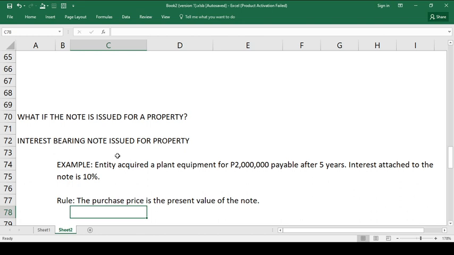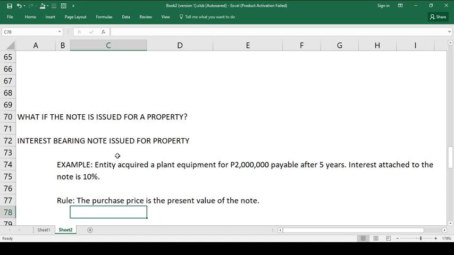Take note, ha? The purchase price is reasonably assumed as the present value of the note. Assuming that in the example I provided, the amount provided in the note is the purchase price of the property. That is our assumption here, ha?